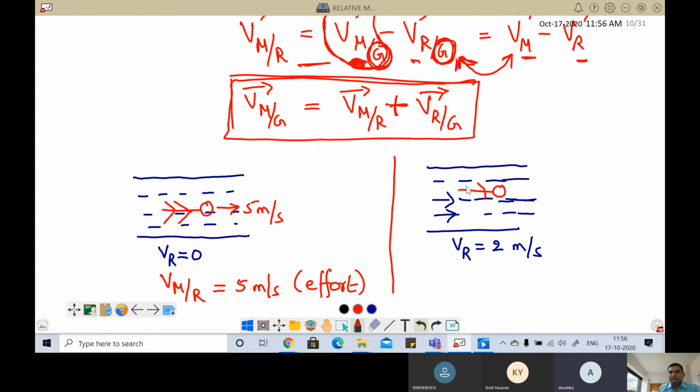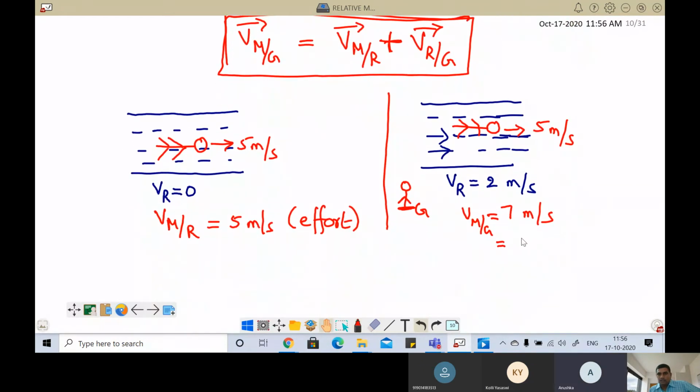Now there is a man who is swimming with 5 meters per second. When you stand on the ground and observe, with what speed will he go? 7 meters per second, the velocity of man with respect to ground. How did we get 7? You add both of their velocities.